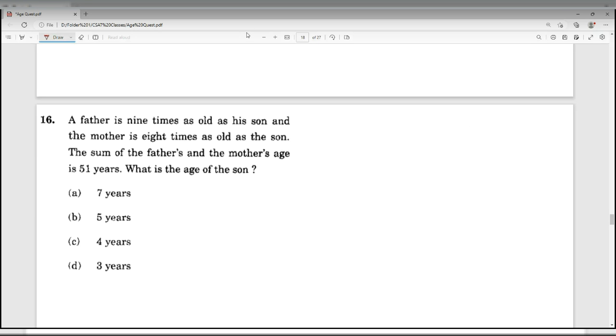The question says the father is 9 times as old as the son and the mother is 8 times as old as the son. The sum of the father's and the mother's age is 51. What is the age of the son? So we have to find out the age of the son here. Please remember that there is no other time period, it's only t, the present time. So we have father, mother, and son.